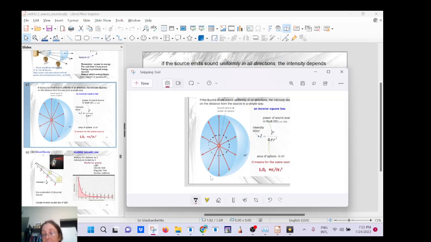So this is imaginary. So the same amount of energy is going to flow through that sphere, and the same amount of energy is going to flow through that sphere. Okay, so it's going to be the same amount of energy, except here it's going to spread out more.